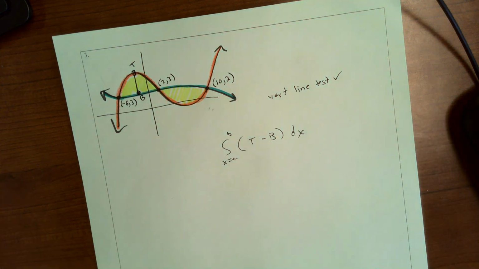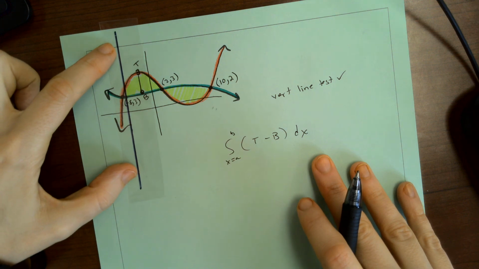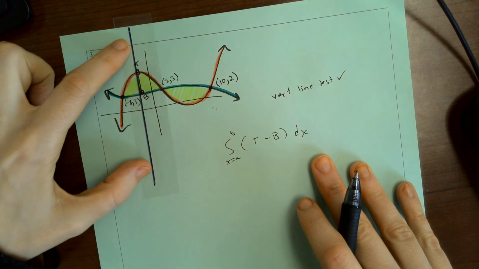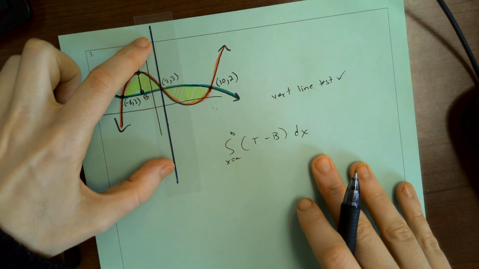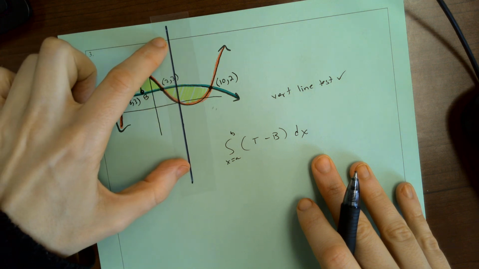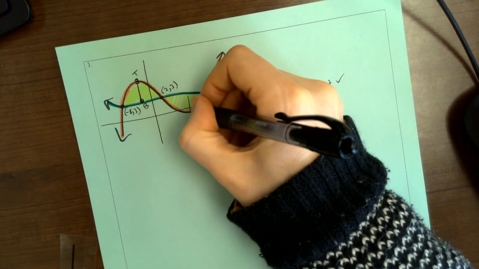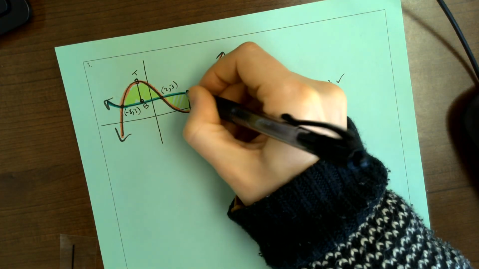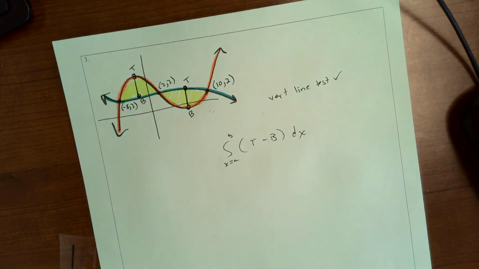Now, the reason it's important to use two of them is because watch this, guys. On this whole region, the red one's on top and the green one's on the bottom. But then after this intersection point, the top and the bottom switch. So now the green one is on top and the red one is on the bottom. That's why we're going to need two integrals.